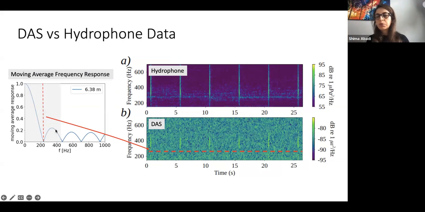If you remember the spectrum of the source that I showed, we had good energy between 300 and 500, and that's the energy that we are recording. So technically this experiment shows that we can record higher frequencies if we go to lower gauge length.